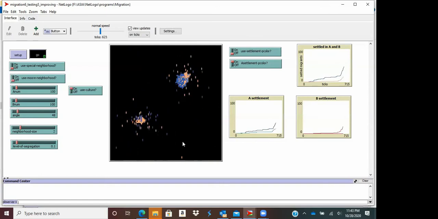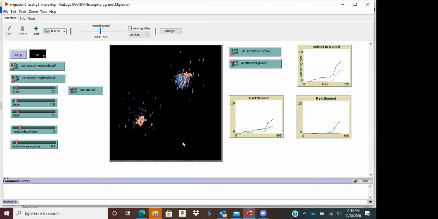See, that makes the process really faster, because of the cultural draw, they are attracted to those communities where they see a larger percentage of residents are their own kind.